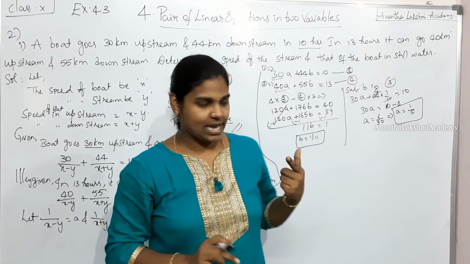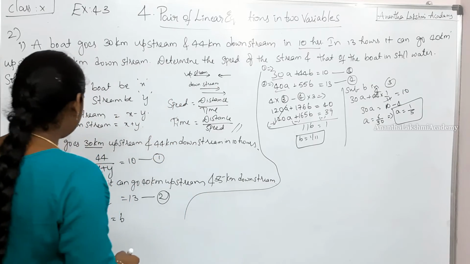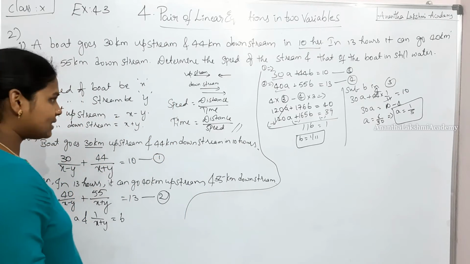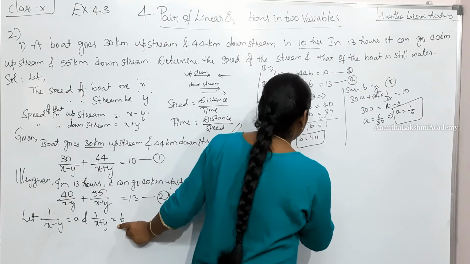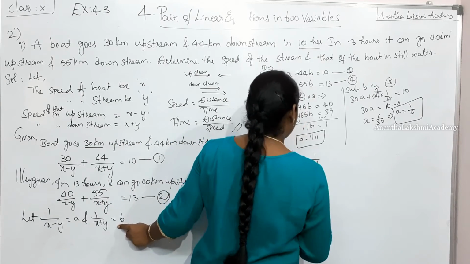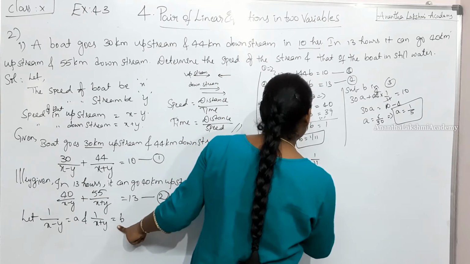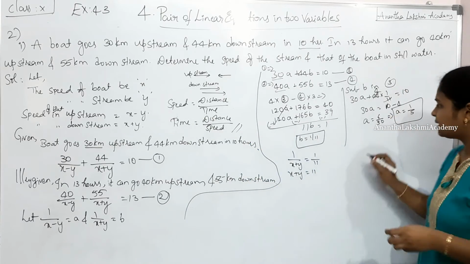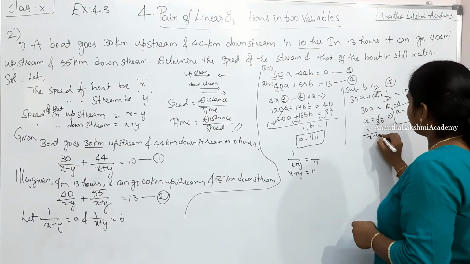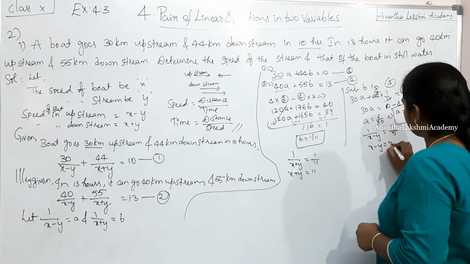Now that we have a and b, let us use the same equations. What did we assume as a? And what is b? 1 by x plus y is b. So 1 by x plus y is equal to 1 by 11, which implies x plus y is equal to 11. And 1 by x minus y is equal to 1 by 5, which is nothing but x minus y is equal to 5.